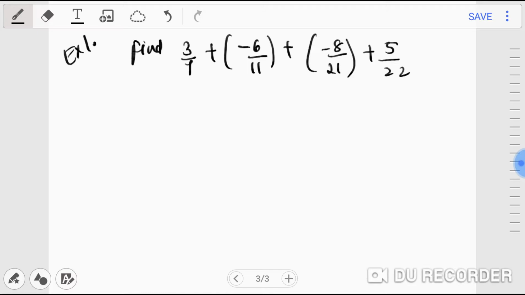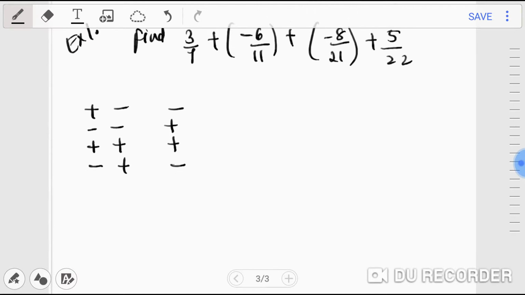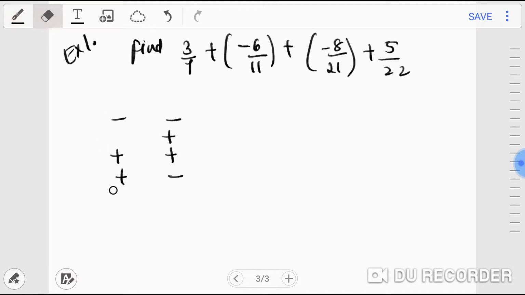My dear kids, when we did the integers chapter in grade 7, we learned the rules of integers: plus minus makes minus, minus minus makes plus, plus plus makes plus, and minus plus makes minus. So we know the rules. Shall we start? The same rules are applicable here also.